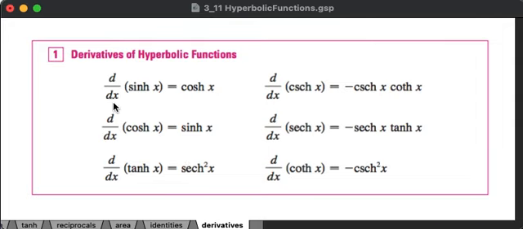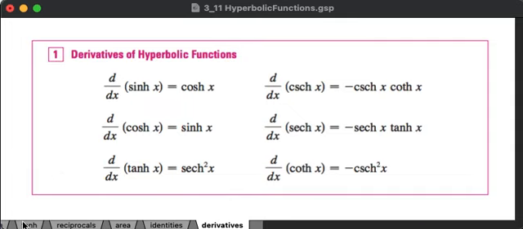So in this case, the derivative of sinh is cosh, and the derivative of cosh is sinh. Whereas in the circular case, there would have been a minus. The derivative of cosine is minus sine. But yeah, so these are the derivatives of those.